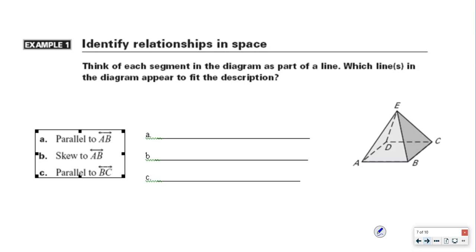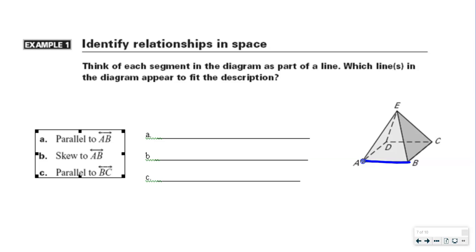Next, example number 1, we need to identify relationships in space. So think of each segment in the diagram as part of a line. Which lines or line in the diagram appear to fit the description? So first up, A, we need something parallel to line AB. So line AB is down here.